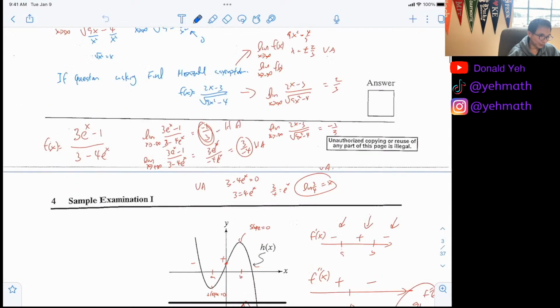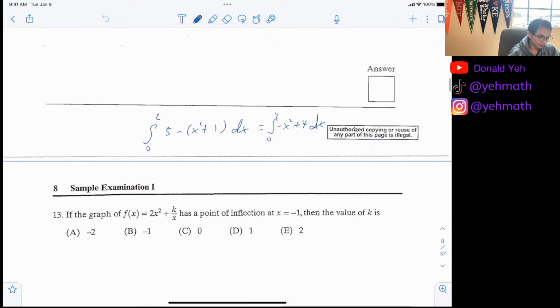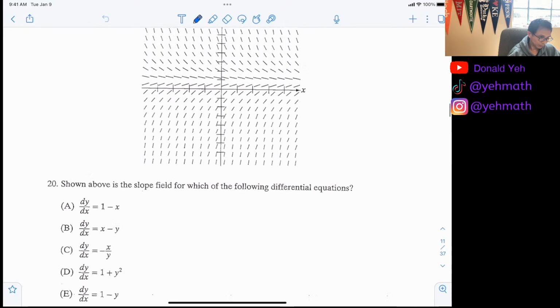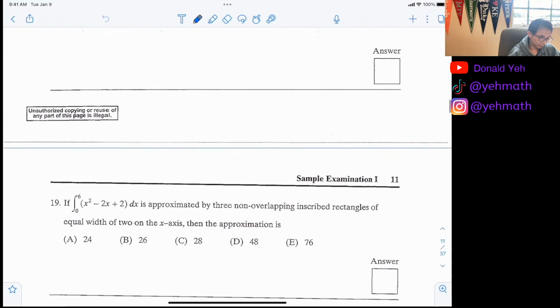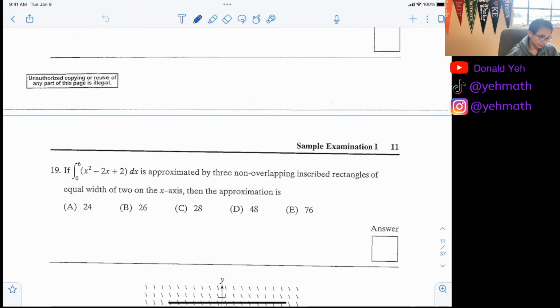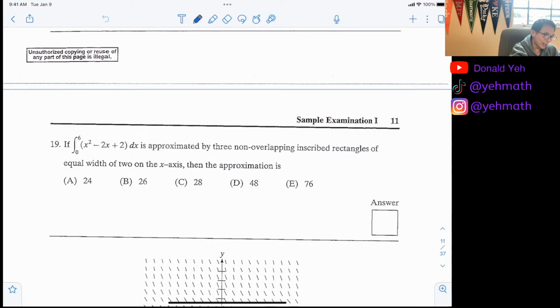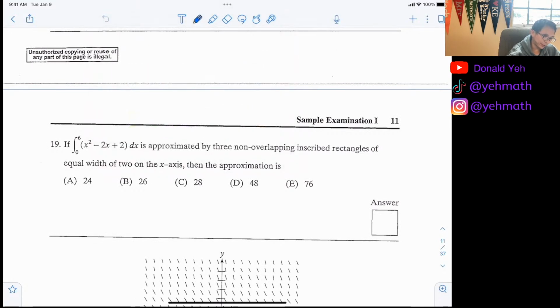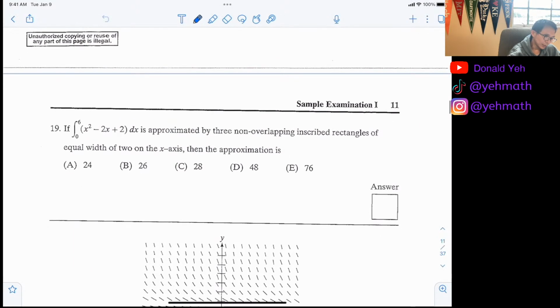Let's see if 19 is a good question. Yeah, 19. I just didn't know. This one's kind of tricky. They don't ask a question this way anymore, so you don't have to worry about it. But I'll go over it just in case.